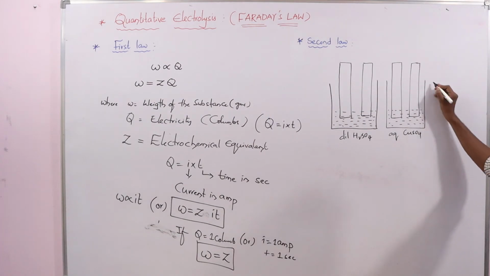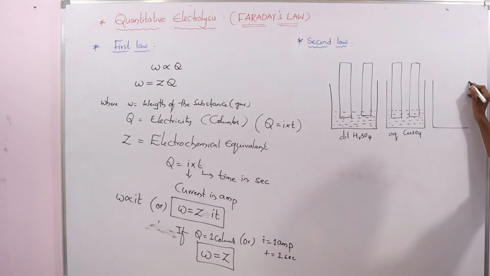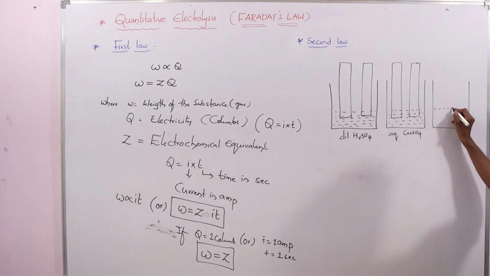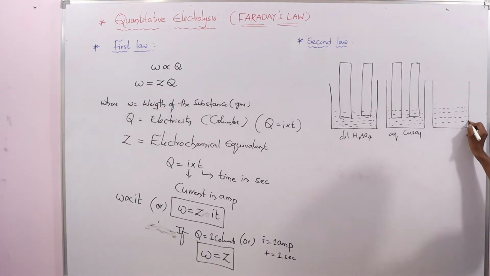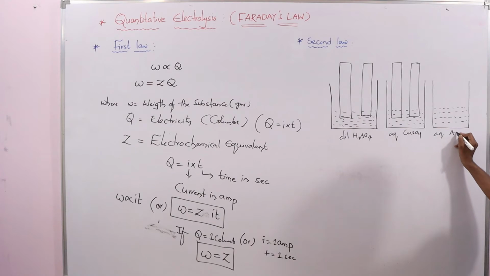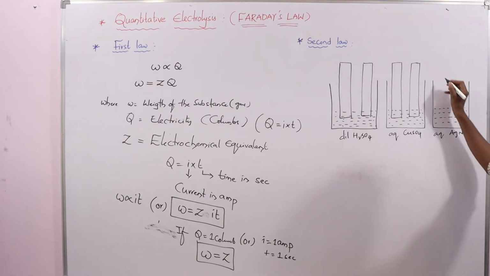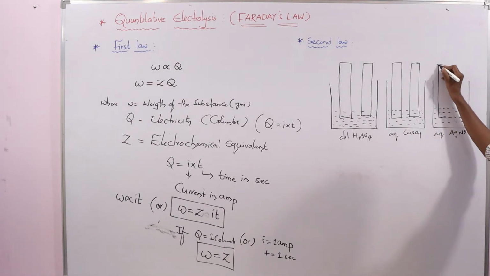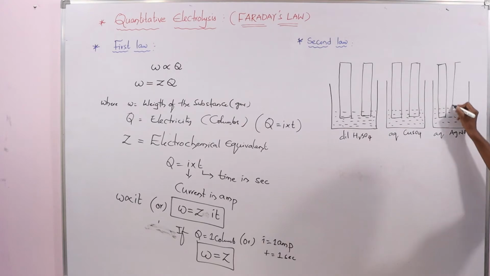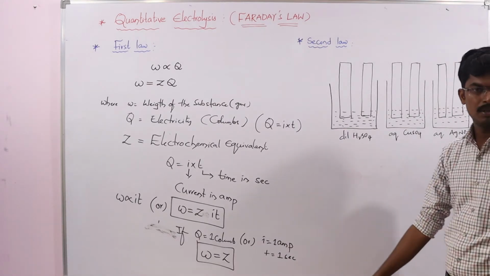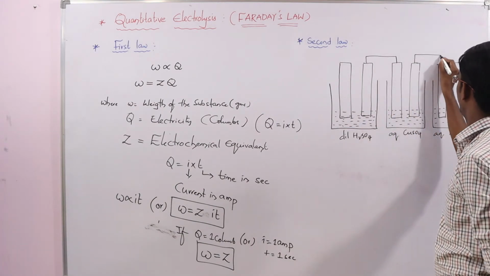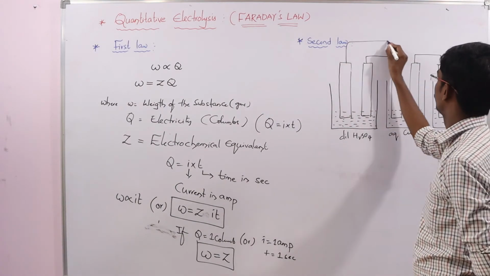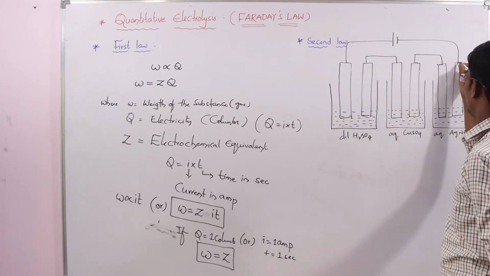And I am keeping one more, in which I take aqueous silver nitrate. So three different electrolytic cells with different electrolytic solutions are connected in series with the help of the battery.